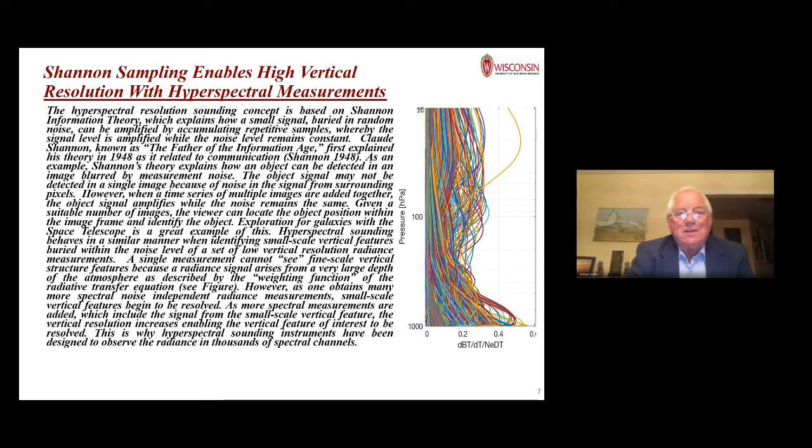But if you take another image and another image, and you keep adding them all together, the signal will enhance. You keep building up the signal from the object, whereas the noise doesn't change. It's just random noise. So after you add enough images together, you'll start to see the object, and you'll be able to determine what the object is. You'll be able to identify it.